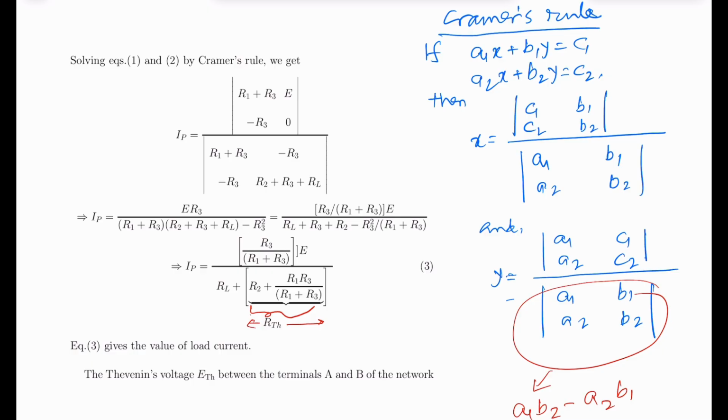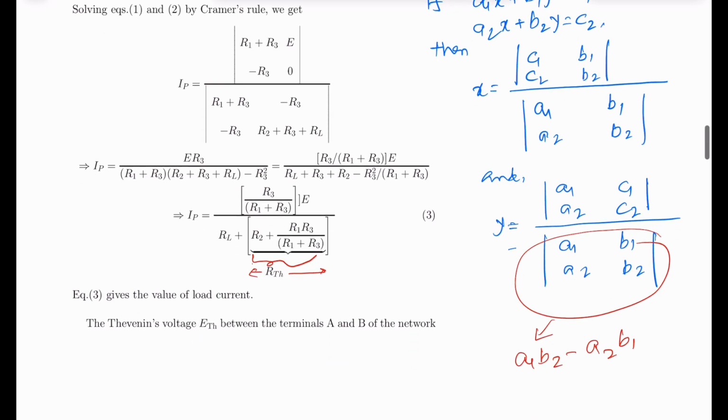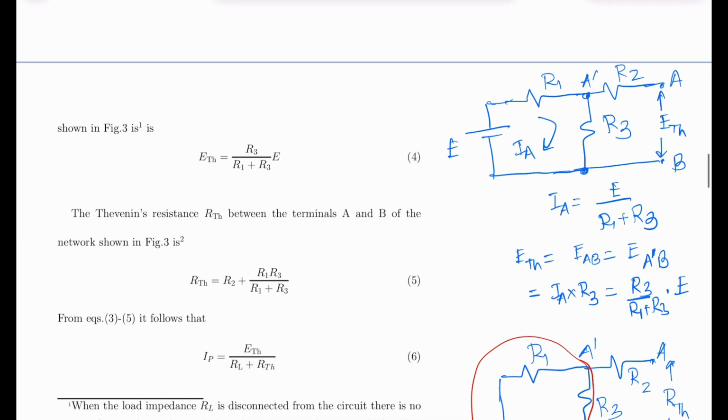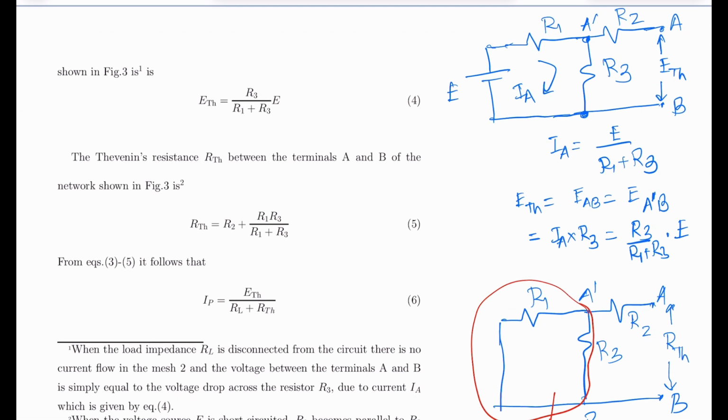Now we have to find the value of Thevenin's voltage ETH between the terminals A and B of the network. How to find it? To find the value of ETH, we disconnect the load resistance RL connected between the A and B terminals. When it is disconnected, there is no current flow through resistance R2.